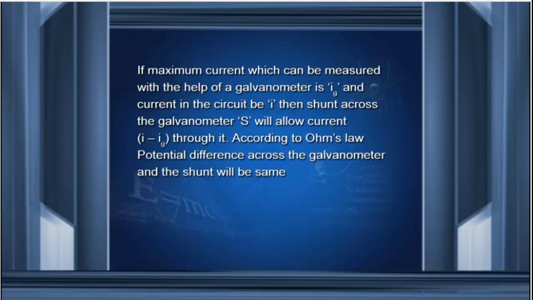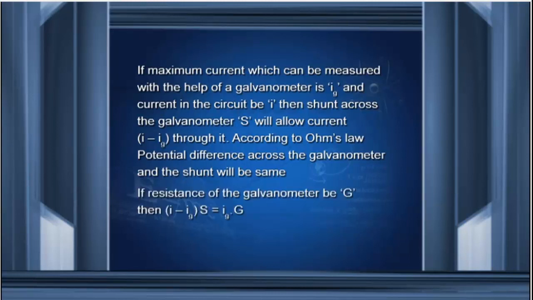If maximum current which can be measured with the help of a galvanometer is Ig and the current in the circuit is I, then shunt across the galvanometer S will allow the extra current I minus Ig through it. According to Ohm's law, the potential difference across the terminals of the galvanometer and the shunt will be same.